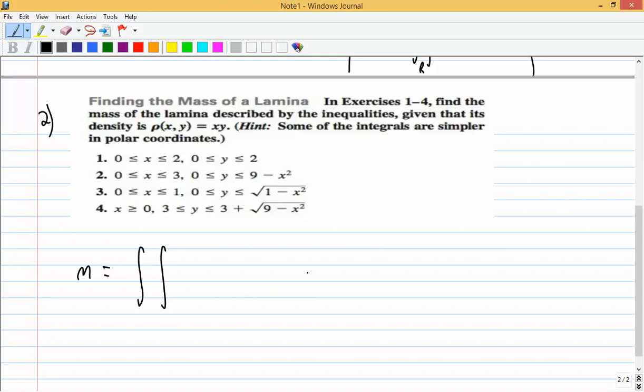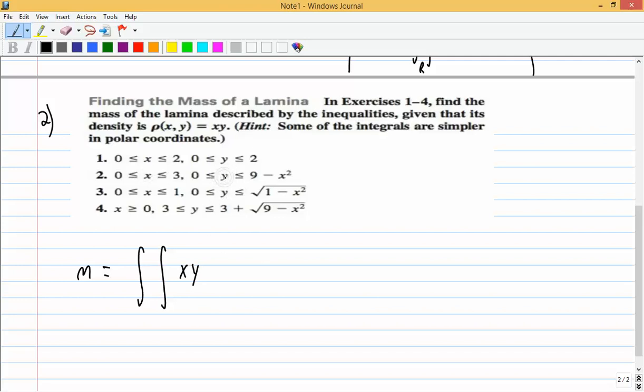So it really depends on what we decide to use as our differentials as to how we set it up. But your rho of x, y is just xy, and then dA.